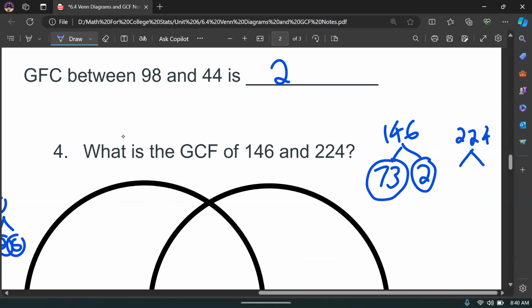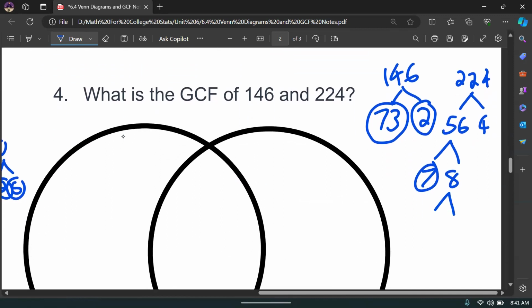Now let's look at 224. So 224 to start with can be, trying to think, 56 times 4. That's one combination. 56 can break down into 7 times 8. 7's a prime factor. 8 can break down into 4 times 2. 2 is a prime factor, and then 4 can break down into 2 times 2.